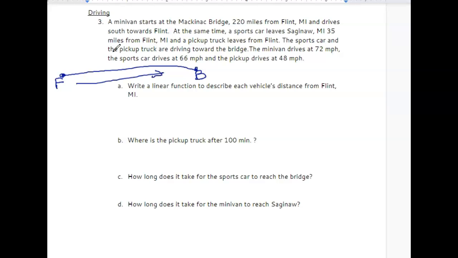If someone is at the bridge and driving back towards Flint, sorry, that's not very straight, that's a negative motion. They're going the wrong direction, or they're driving backwards or returning. So make sure when you write your equations that you're thinking about what direction they're going, because that's going to affect their slope or their rate.